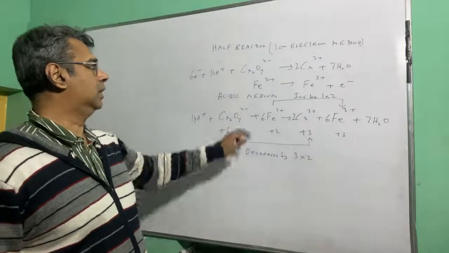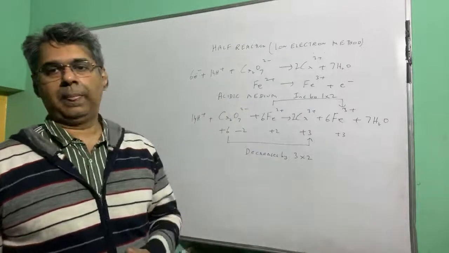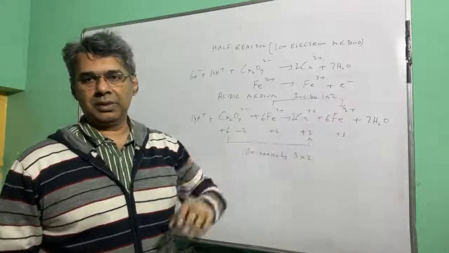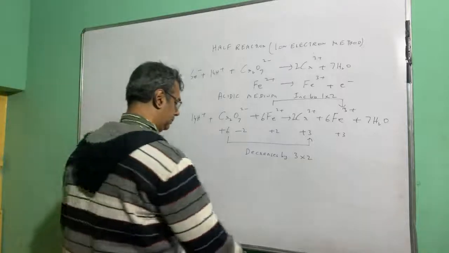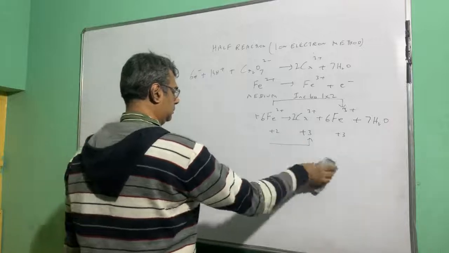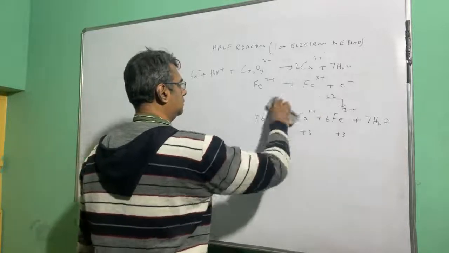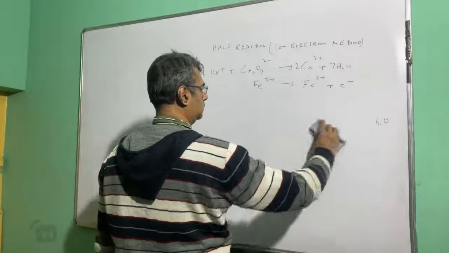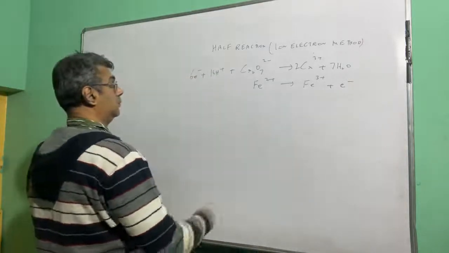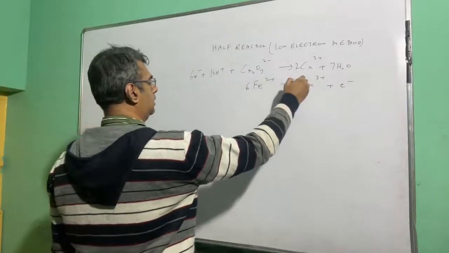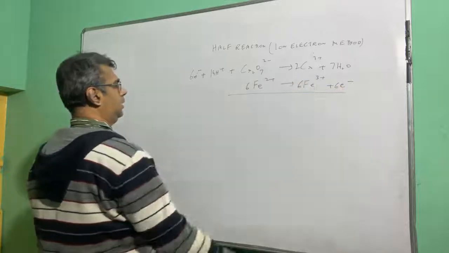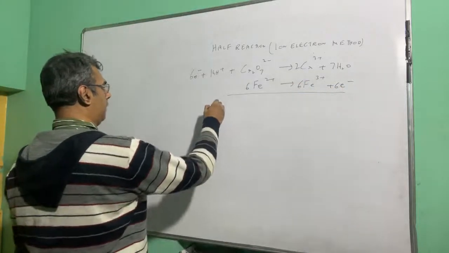Now in the end, the two half reactions have to be added, and the addition has to be done in such a way that the number of electrons should get cut. So you just put a 6 here, a 6 here, a 6 here, and then you draw a line and add these two reactions.